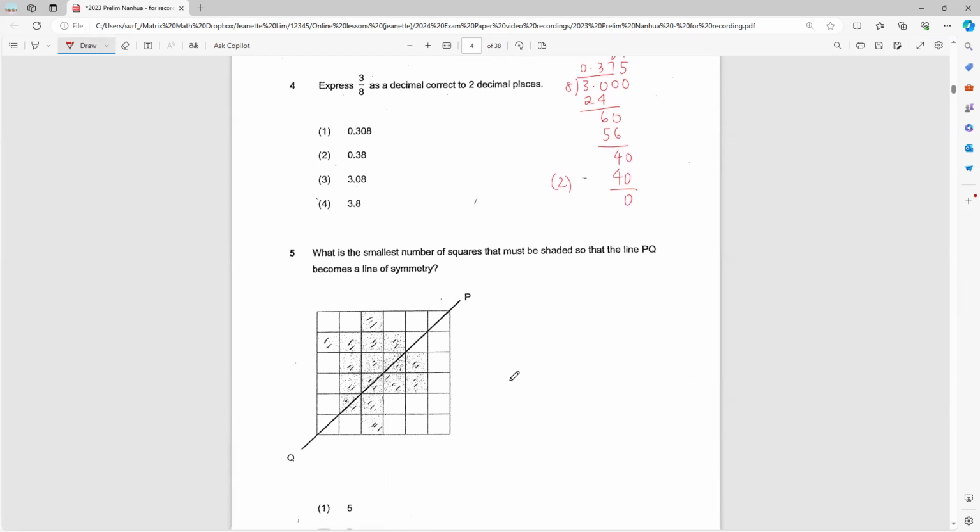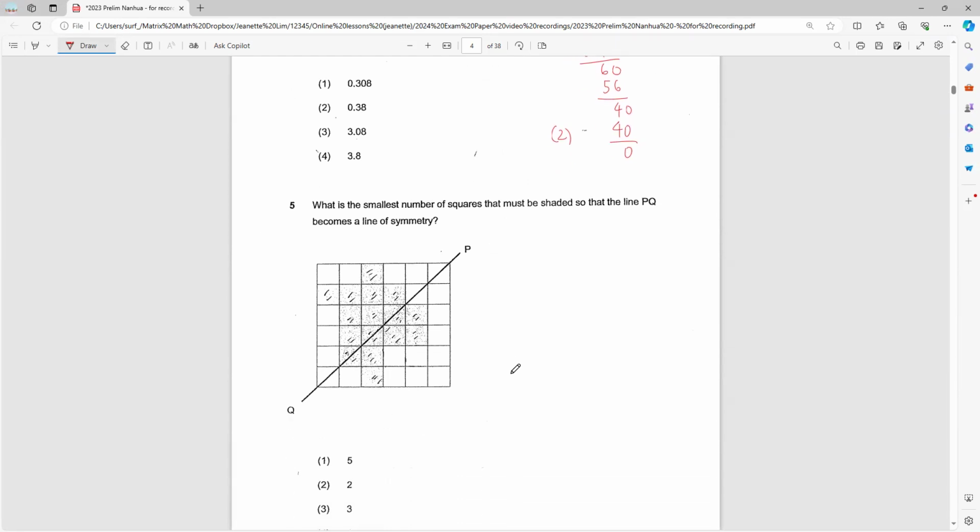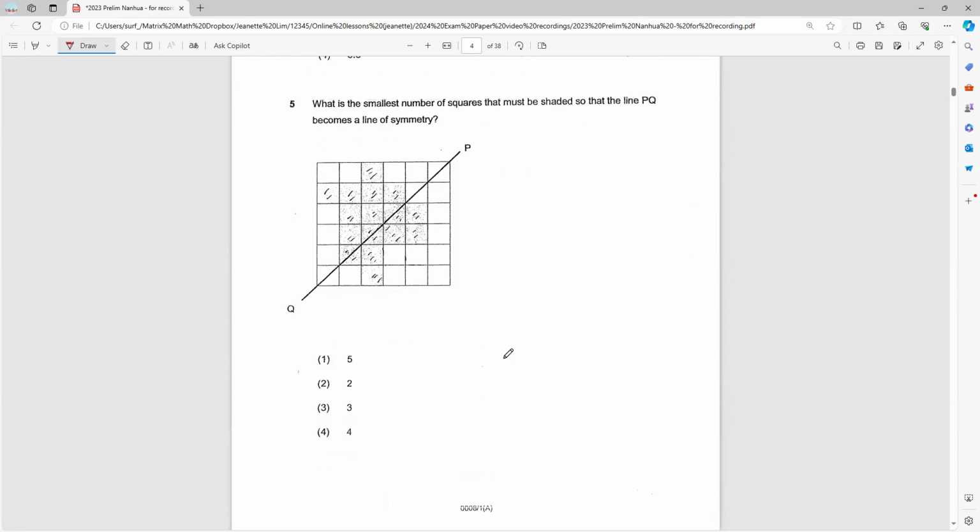What is the smallest number of squares that must be shaded so that PQ becomes the line of symmetry? Okay, so let's see what's missing. Maybe I'll just highlight this one and this one. Then there's a missing one for that. So here, 1. This okay, this okay, and then this and this okay, and there is a missing one.